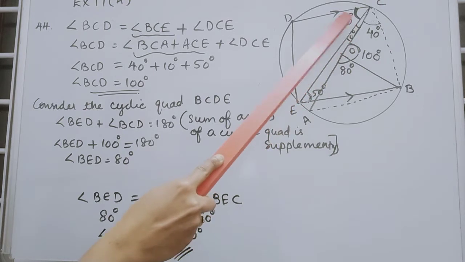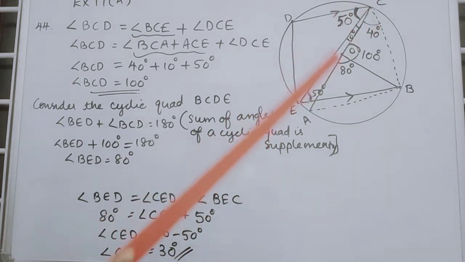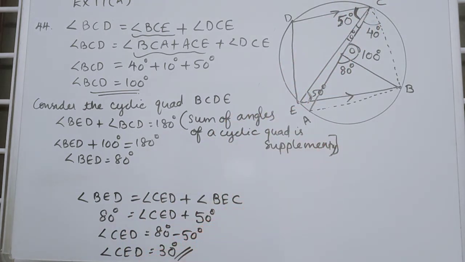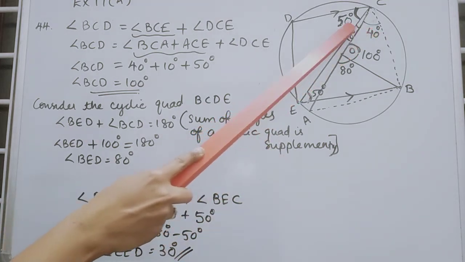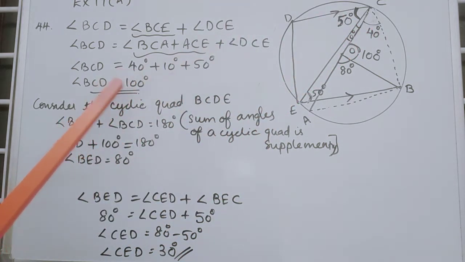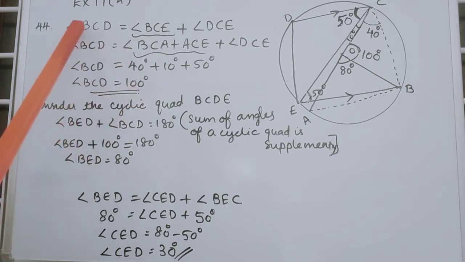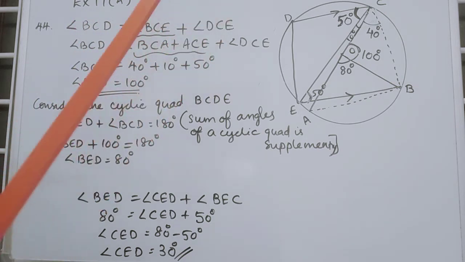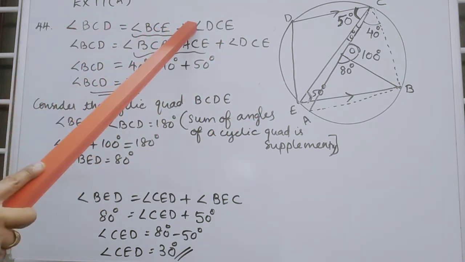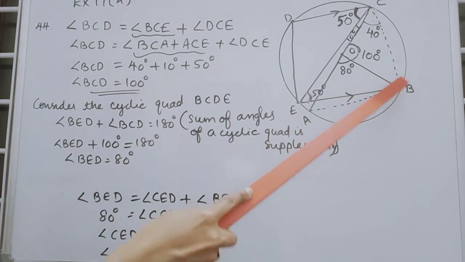We can write it directly from the figure itself. So 40 plus 10 plus 50. So angle BCD will be 100 degree. If it is difficult for you, you can avoid this step and directly write angle BCD from the figure itself.